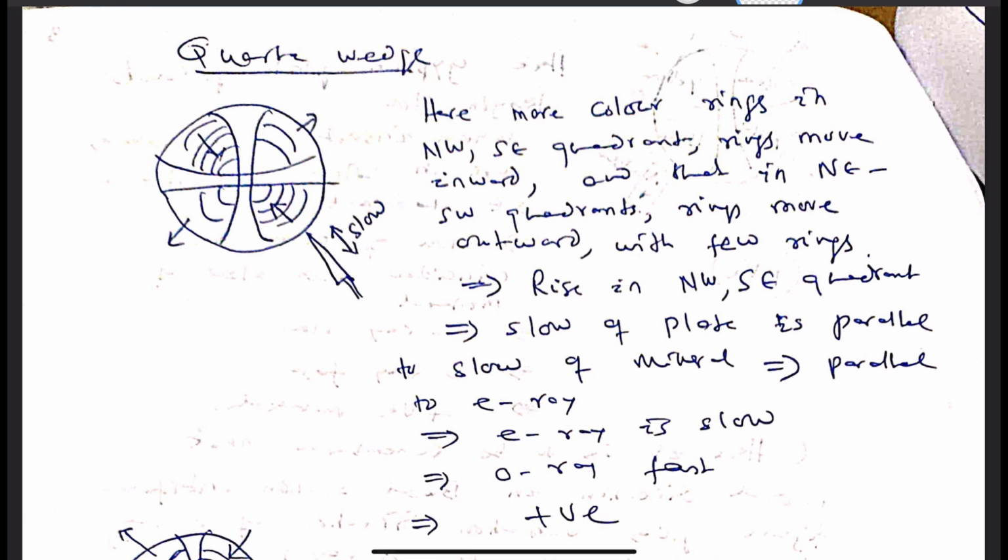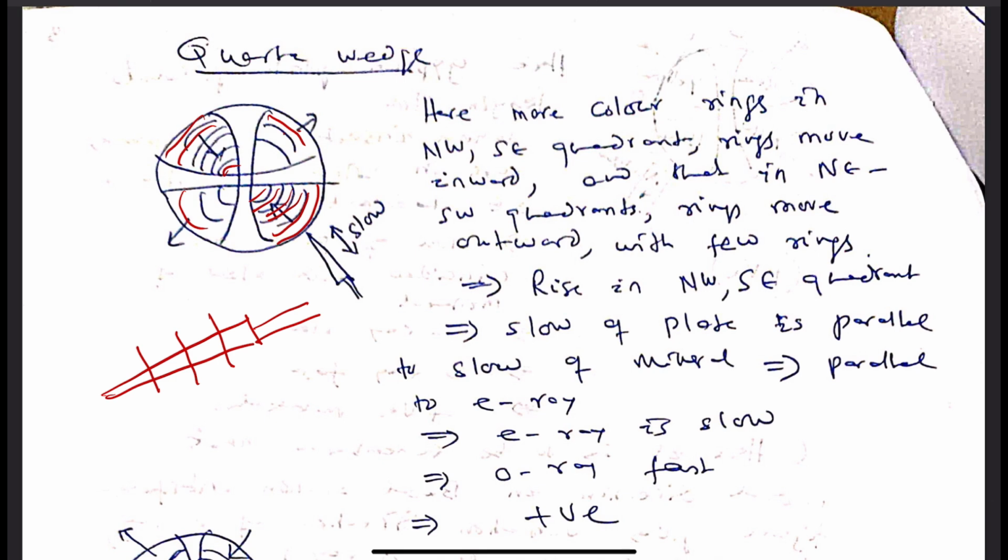Then quartz wedge. Quartz wedge is gradually thicker. So once it is being pushed, it will cause rise in interference color. That means when it helps, more color rings will be produced. As it is being pushed, more color rings will be produced and they will appear as if they are moving inwards. And in opposite quadrants, the number of color rings will become less and less.